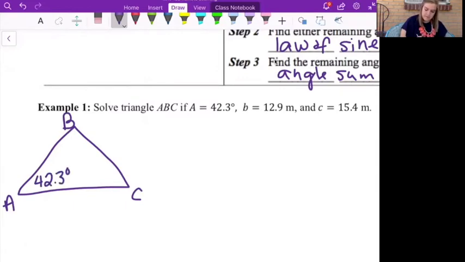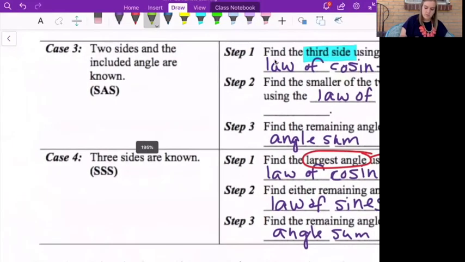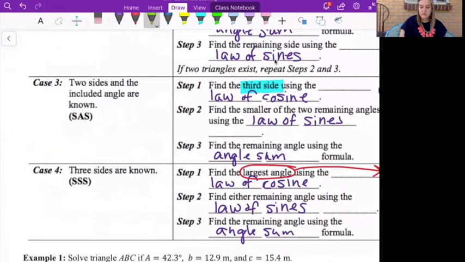Side b is opposite angle B, and this is 12.9. And then side c, which is opposite angle C, is 15.4. In this case, we have a side angle side situation. So this is where we're going to use law of cosines to find our third side, law of sines to find the larger of the two angles, and then our angle sum.